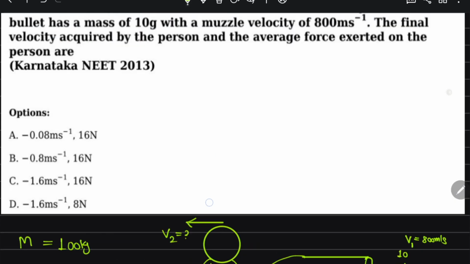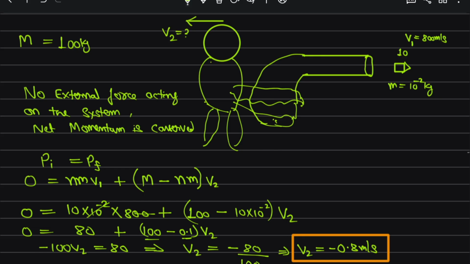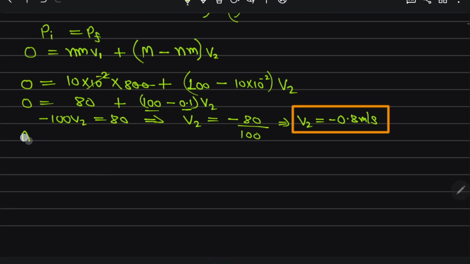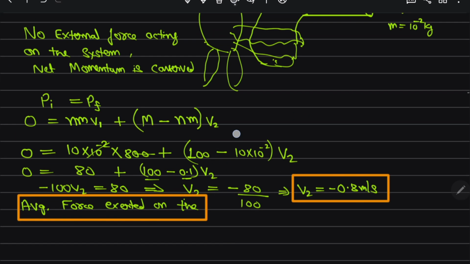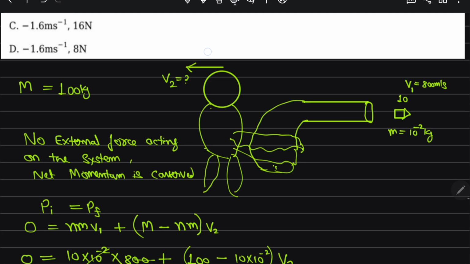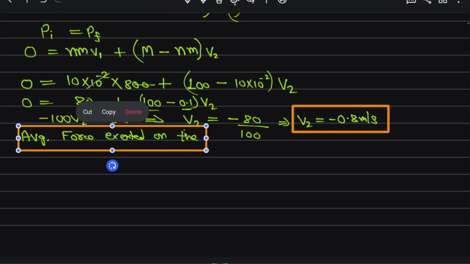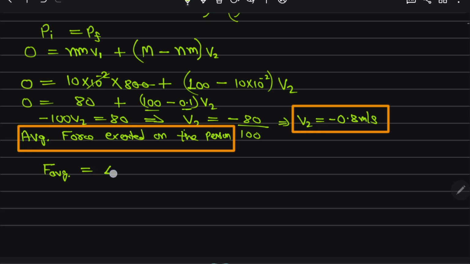Now we also have to find the average force exerted on the person. So we know that average force is equal to change in momentum divided by time interval.